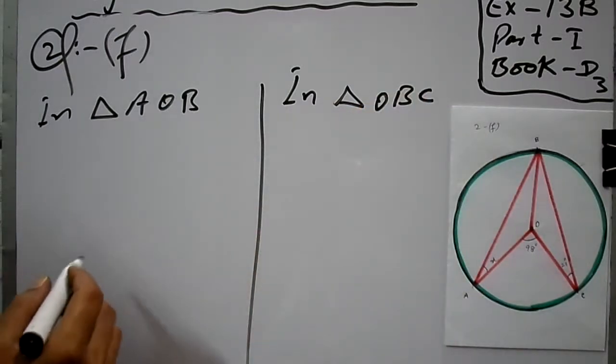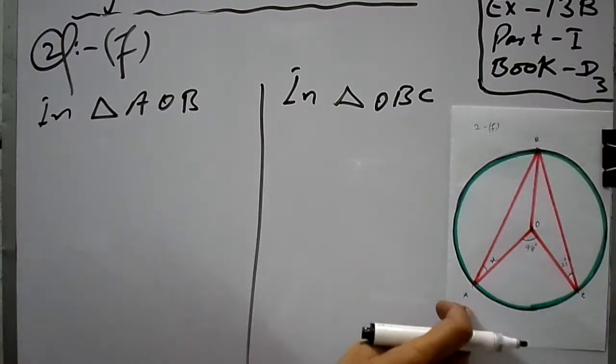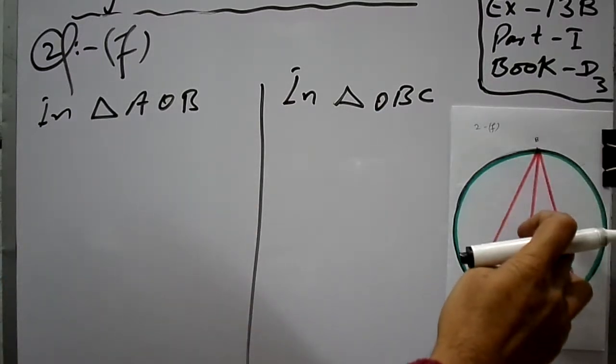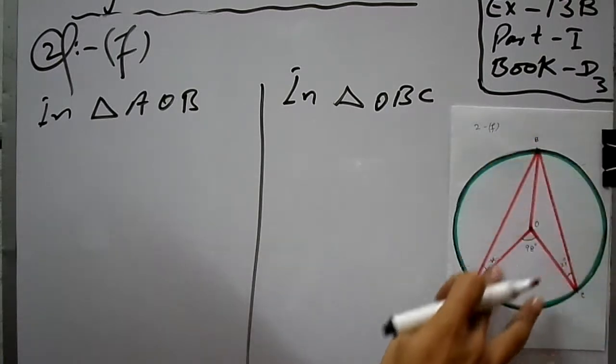You can see the radii of the same circle in triangle AOB. So that is your triangle.